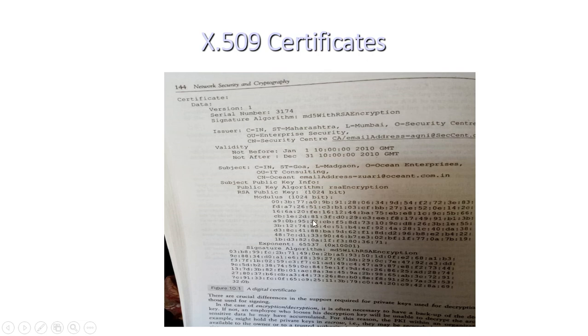That is, this certificate is given for the RSA encryption algorithm. Key size is 1K bits and this is actually the key. And here we have the signature and the signature is done with the MD5 algorithm with the RSA encryption.